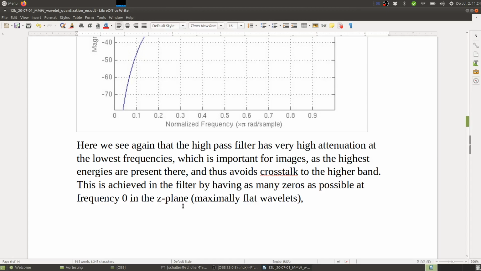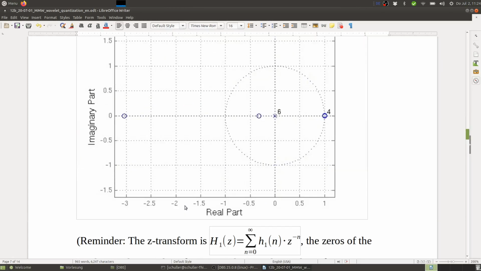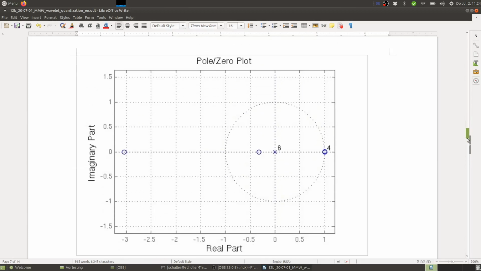Right, remember the z-domain from Grundlagen der Videotechnik, and this is what we get if we apply the z-transform to this high pass. So when we apply it to this high pass, we get a polynomial in the z-domain, and this polynomial has zeros. Remember, every polynomial has zeros in the complex domain, and it has as many zeros as the order of the polynomial.